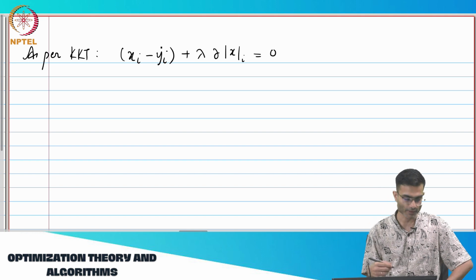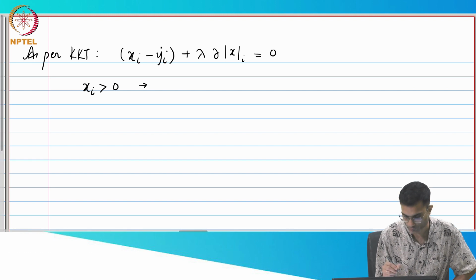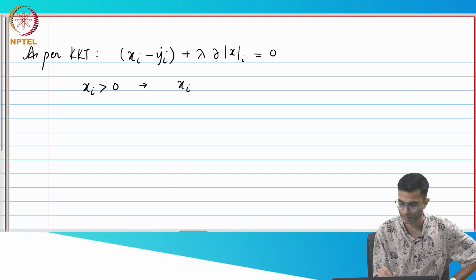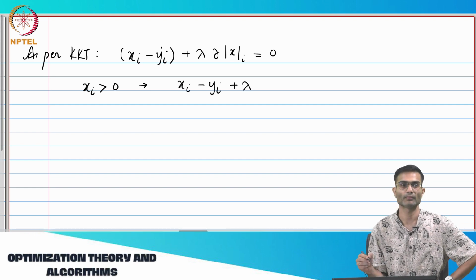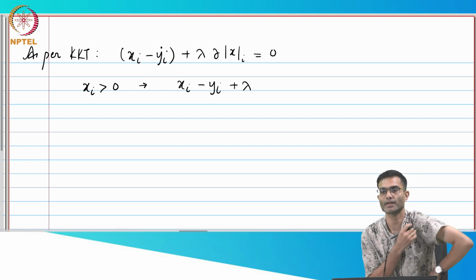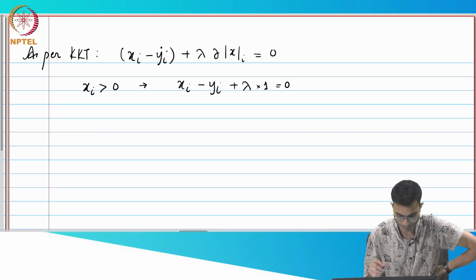So let us start with the easier cases. Supposing xi is greater than 0, then I write xi minus yi plus lambda into 1. When xi is positive, grad of mod x is 1, equal to 0.